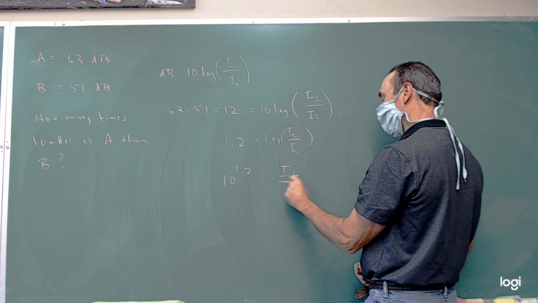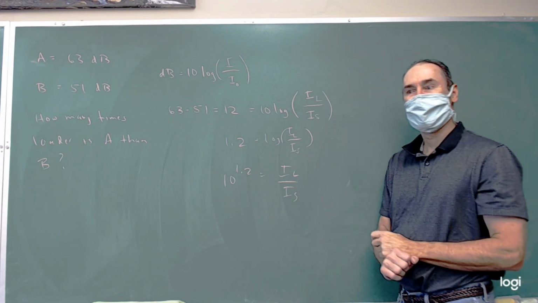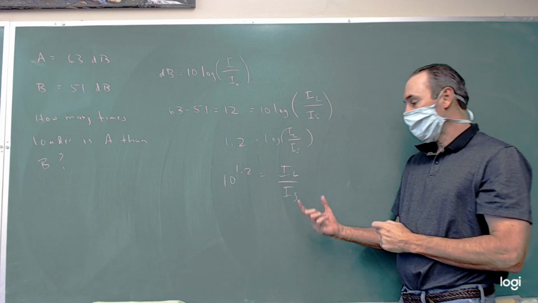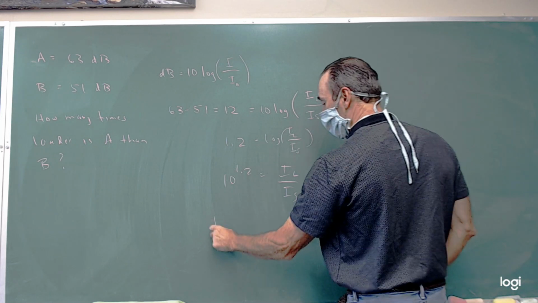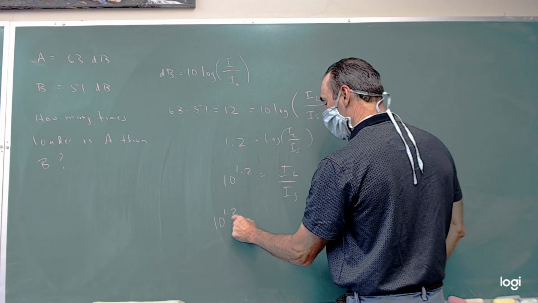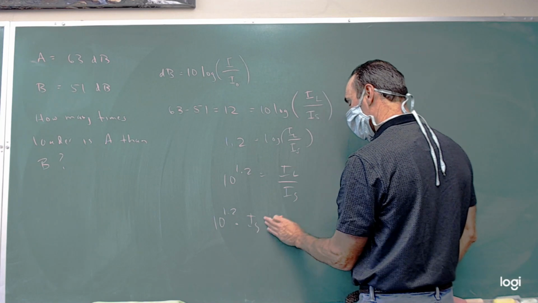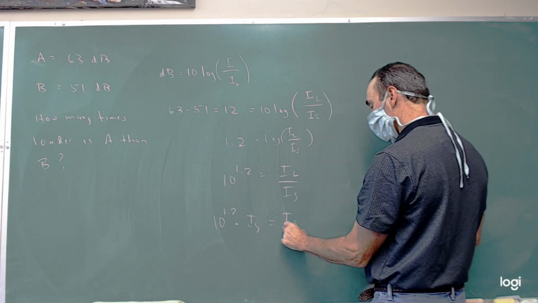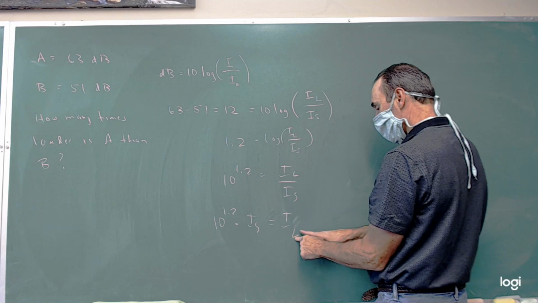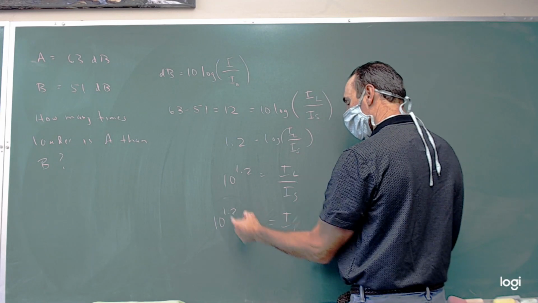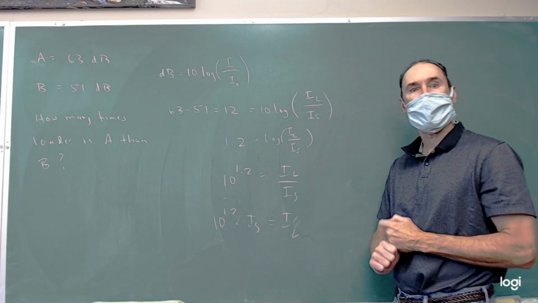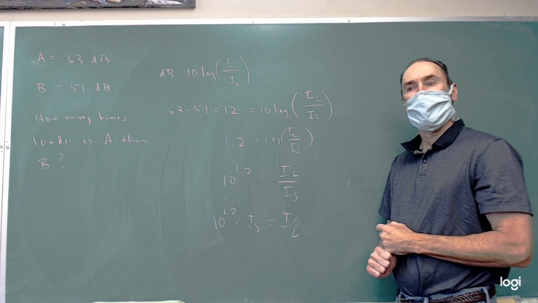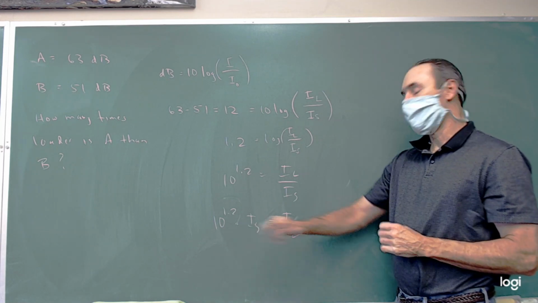So we get to there. And then we can multiply that over, and so we're going to see that the louder noise is going to be this number times as loud as the softer one. So then you just put that in your calculator.